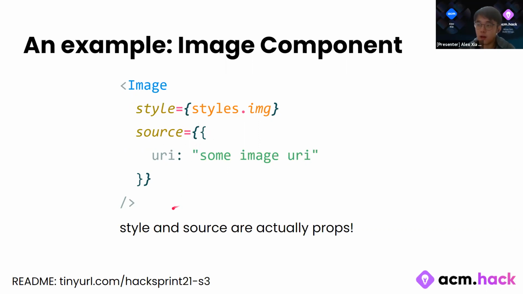We've seen that we could pass in data through this style prop and through this source prop, and we can think of it so that under the hood the image takes in the styles and the source, and does its own fancy things using these props, and that's how it uses our data to generate what we see on the phone screen.